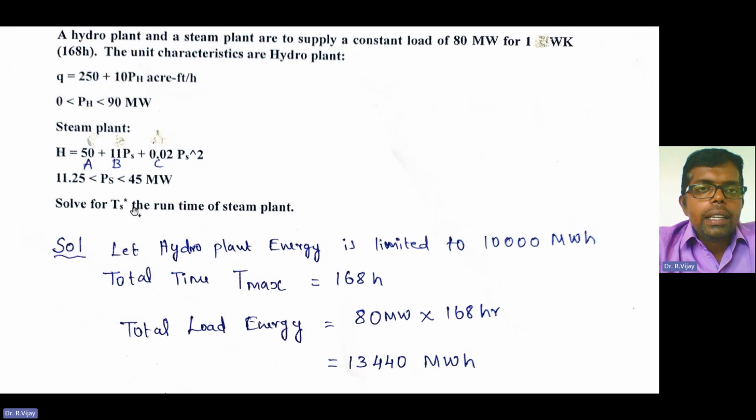Solve for TS star, the optimal time taken by the steam power plant, that is the runtime that you need to find out.